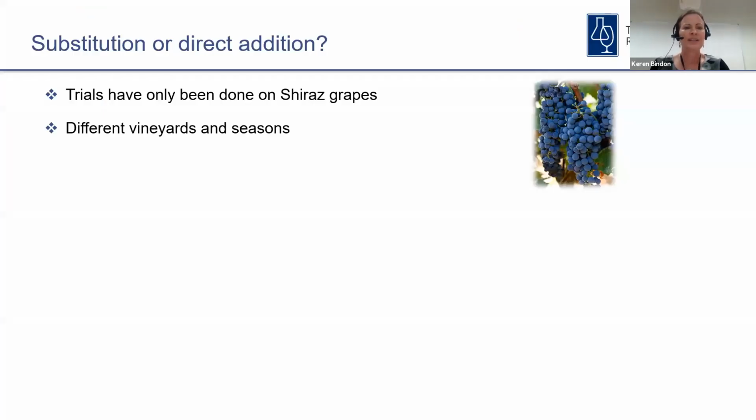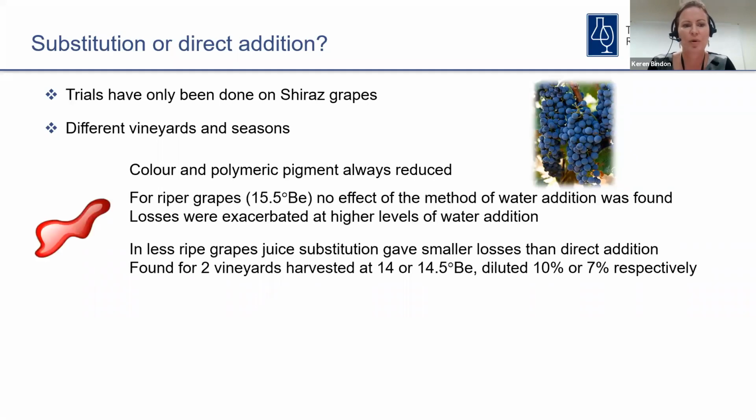So to ask the question, substitution or direct addition, different vineyards were looked at and over different seasons, but we could then ask again that question from less ripe or more ripe fruit, what is the effect of these two approaches? So to firstly just look at those effects on colour and tannin again. It was found that for Shiraz, as I've mentioned before, with the substitution trials, colour and polymeric pigment was always reduced when water was added.